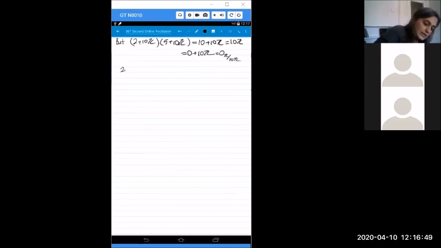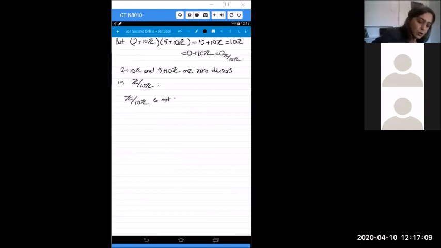This means that 2 plus 10z and 5 plus 10z are zero divisors in z over 10z, meaning that z over 10z is not an integral domain. So it is not true that the quotient of an integral domain is an integral domain.